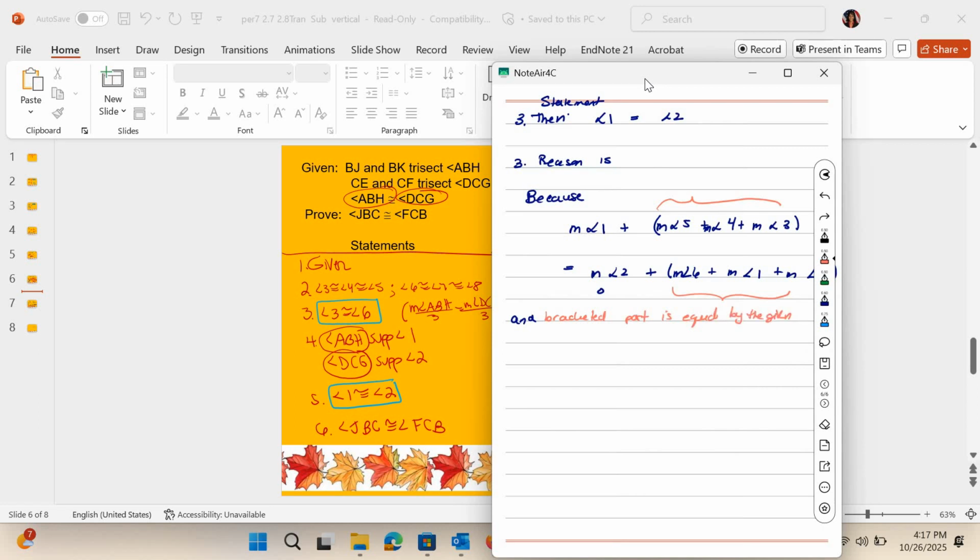They told me those two angles, the sum of them, that's the big angles. Because that's true, I can cancel that from both sides. Because that's true, I can throw the bracketed parts off. They're canceled from both sides. And I'm left with this. I should put measure here. Got to be exact.